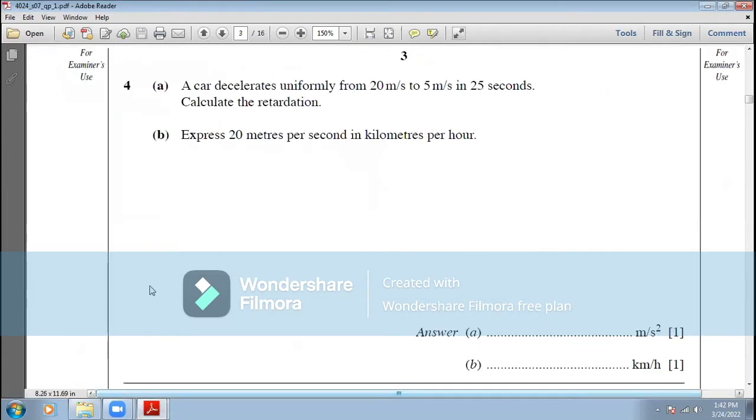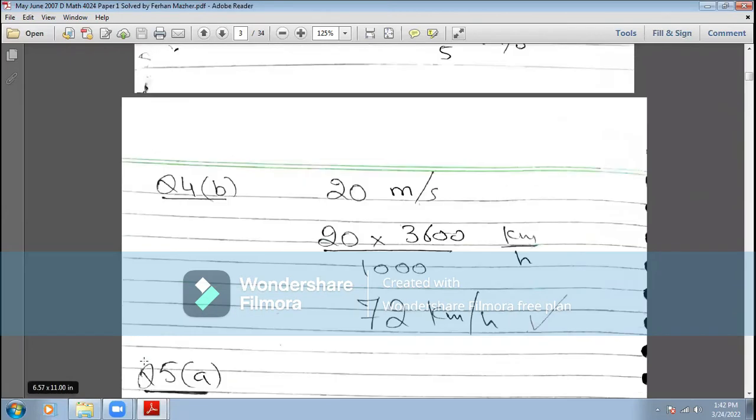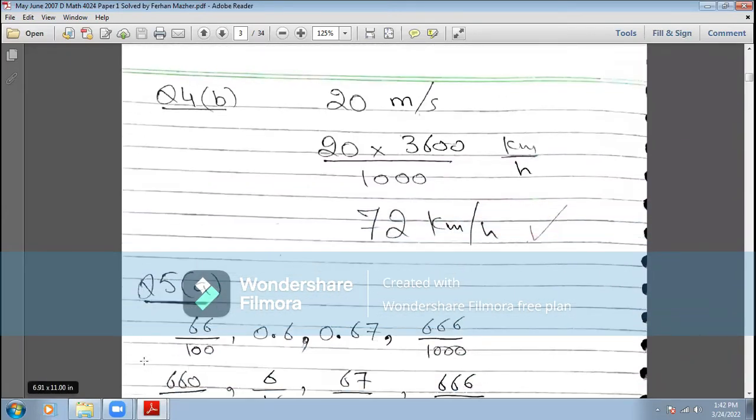Never forget this. Then the question number 4 and its B part, he says express 20 meters per second in kilometers per hour. If you want to convert meters per second into kilometers per hour, you will have to divide by 1000 and multiply by 3600, because in 1 hour there are 3600 seconds, and if you want to convert meters into kilometers, you have to divide by 1000.